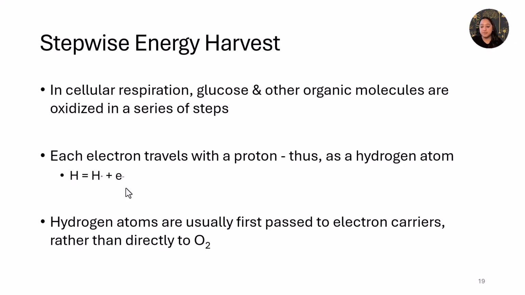The hydrogen atoms, the electron and the proton, are usually first passed to electron carriers, not directly to oxygen. So even though ultimately in this chemical reaction equation we are saying that it gets transferred to oxygen, it's not a direct reaction. It's not directly passing the hydrogens to oxygen.